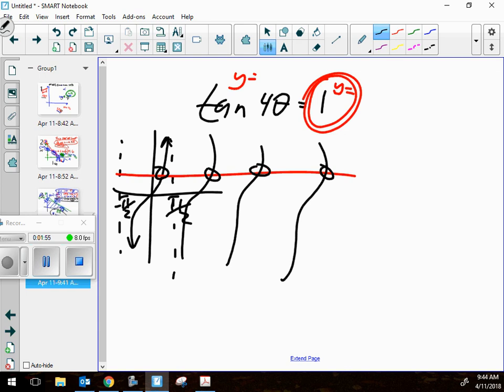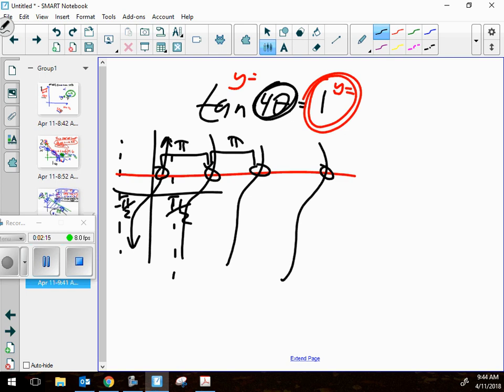You go over 1 pi, because its period is 1 pi. So you will have to do this slightly different, because between tangents, normal tangent, you go over 1 pi to get to the next answer. But this is not normal tangent because of that.